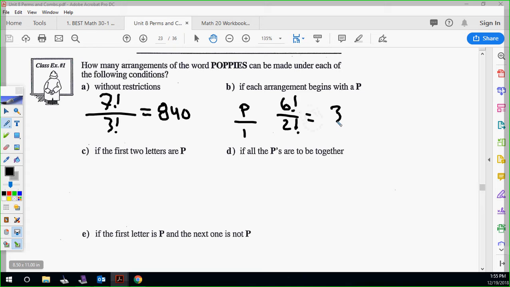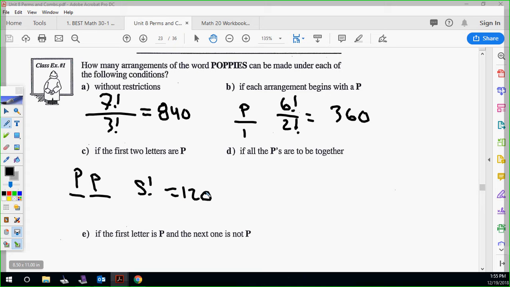And that gets you 360. If the first 2 letters are both P's, that simply makes it P, P, and then simply what? It's just 5 factorial because nothing else can repeat, because you took the 2 P's out, so there are no more pairs. So 5 factorial, which is 120.